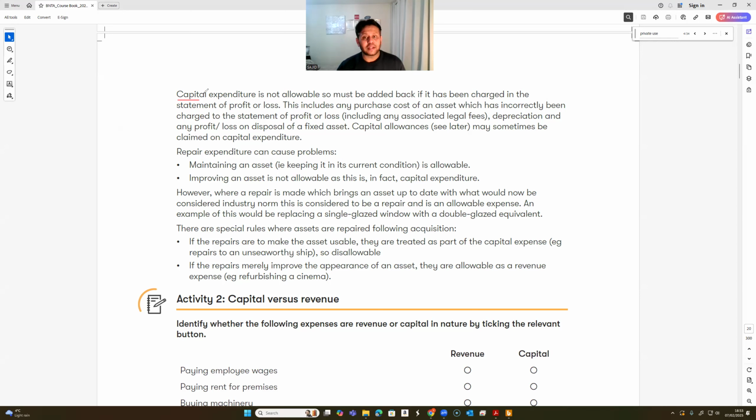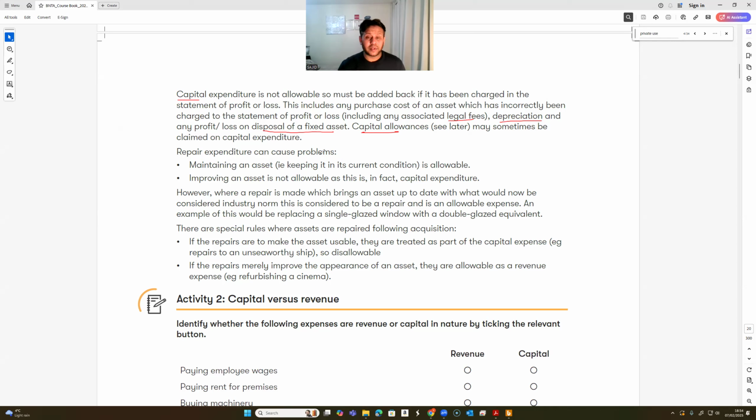This includes any purchase cost of an asset which has incorrectly been charged to the profit and loss, including any associate legal fee, depreciation, and any profit on disposal on fixed asset. So if there's a legal fee, if there's a depreciation, and the profit on disposal, this one we have to add back with the profit. Capital allowance, we need to make sure we deduct it. We'll see later on. The repair expenditure can cause a problem.